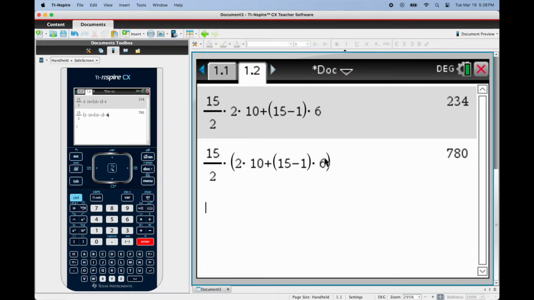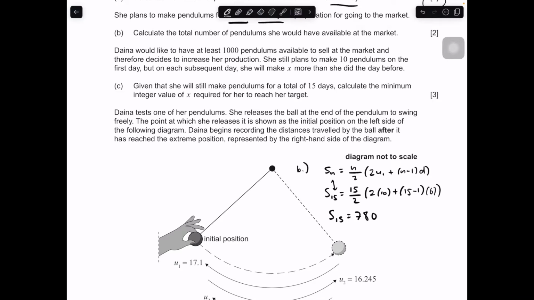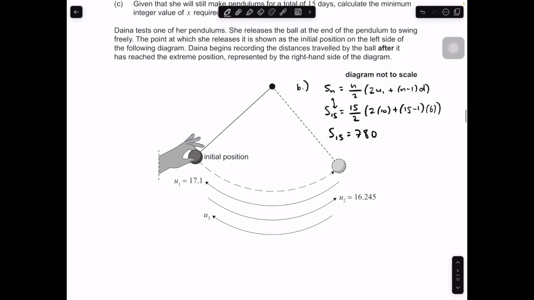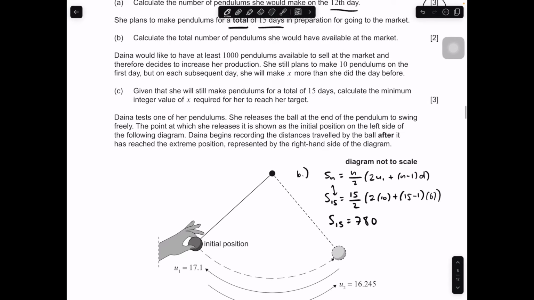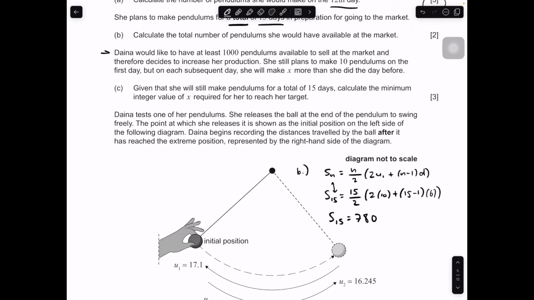There we go. Looking at this as the calculator gives it, with order of operations, we've multiplied this, and then had this multiplied by itself. But our formula tells us we want to take n, the total number of terms, over 2 times this whole business right here. All right, let's go back to the document. 780 pendulums. Okay, let's move on.